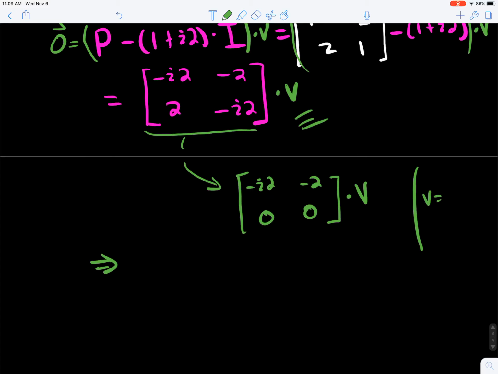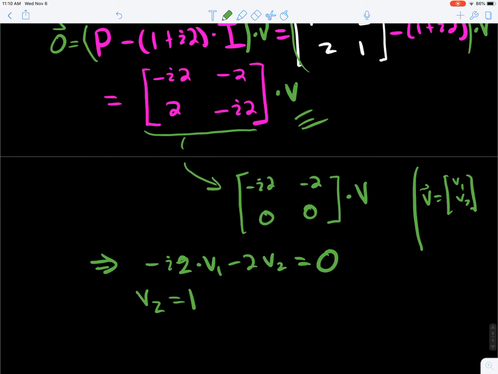Remember what v is. It is a vector with two entries, v1 and v2. So this tells you that v1 and v2 satisfy this equality is equal to 0. So we're going to let v2 be a free variable, so we're going to go ahead and just select 1.